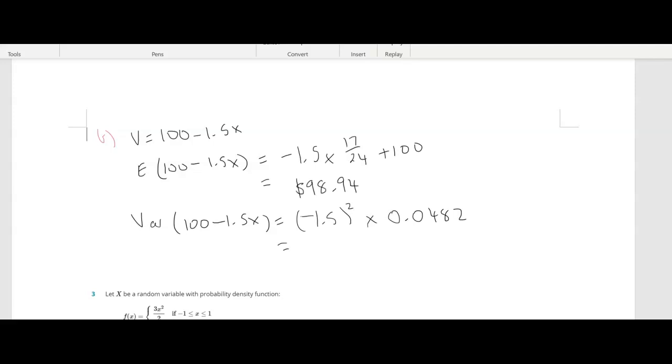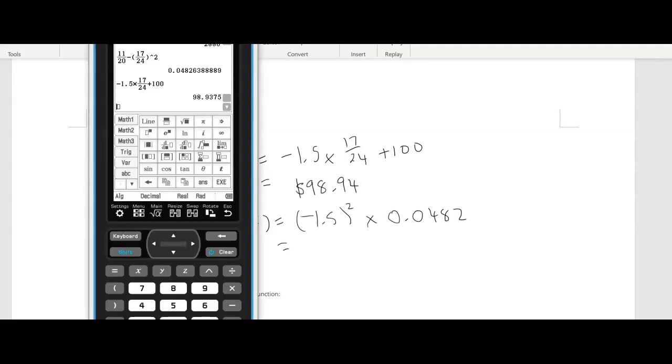All right, and we'll just do that on the calculator. Now with the variance though, I'm going to drag down that answer, so 1.5 squared times 0.0482. Now you'll notice I did positive 1.5 because when you square a number you get the same answer, so to save myself using a few buttons. All right, so 0.11.